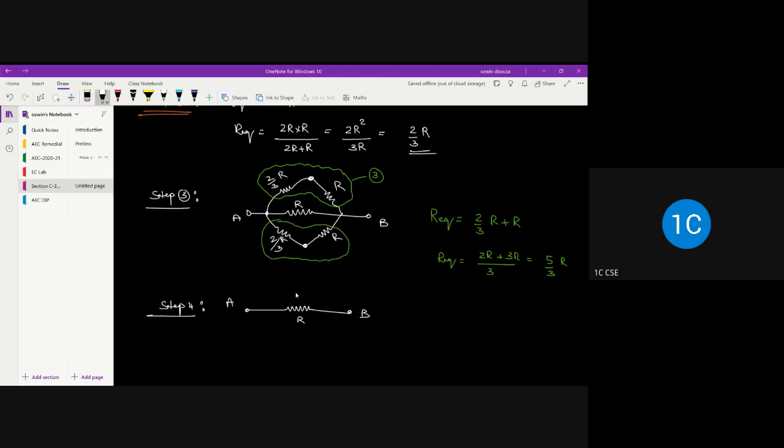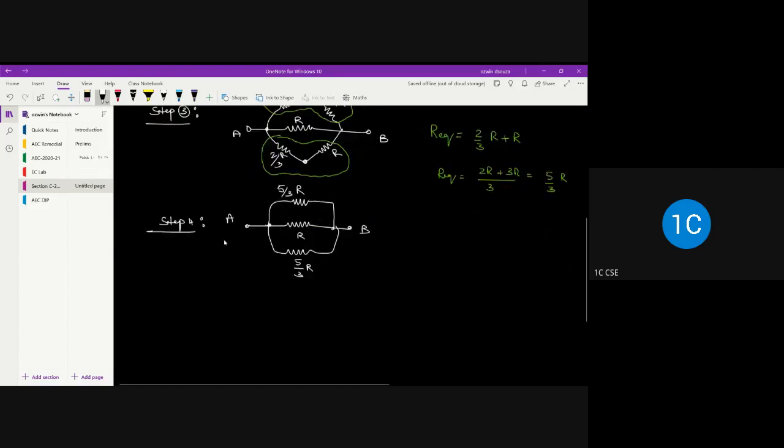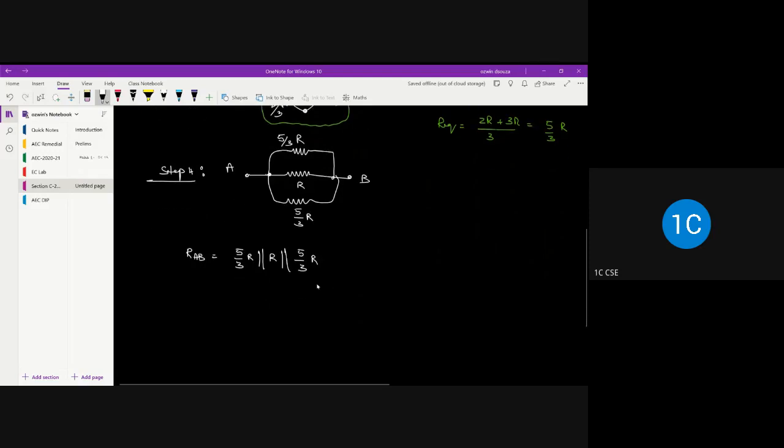The central resistor being R, the upper resistor being 5 by 3 R, and the lower resistor being 5 by 3 into R. So RAB is basically the parallel combination of 3 resistors, right? 5 by 3 R parallel with R parallel with 5 by 3 R. So find out R equivalent.